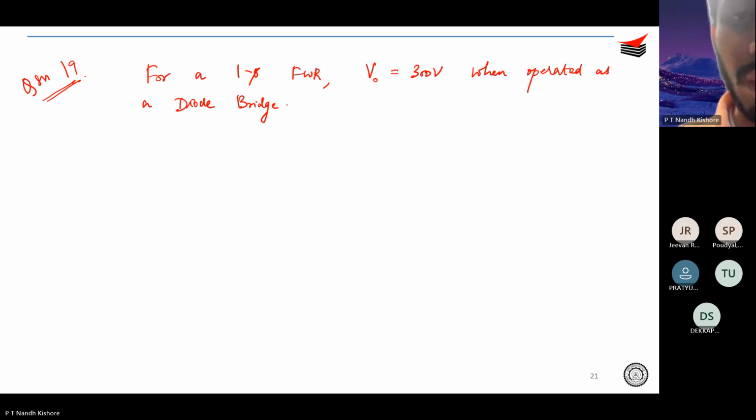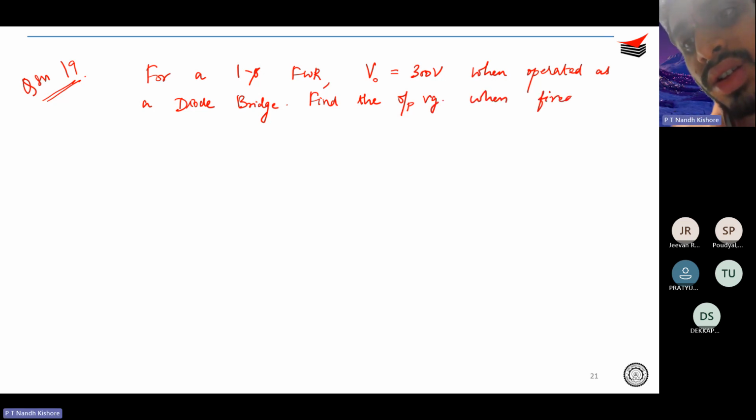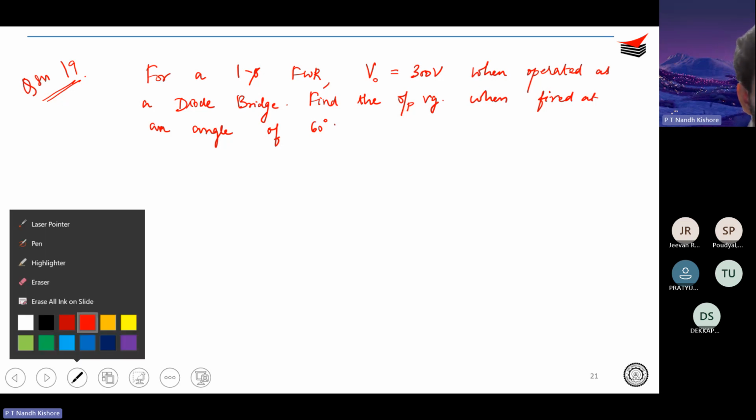Find the output voltage when fired at an angle of 60 degrees. Got the question?